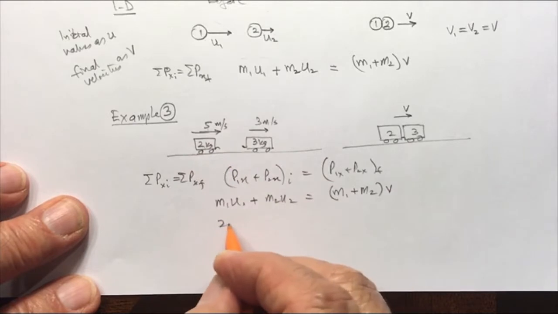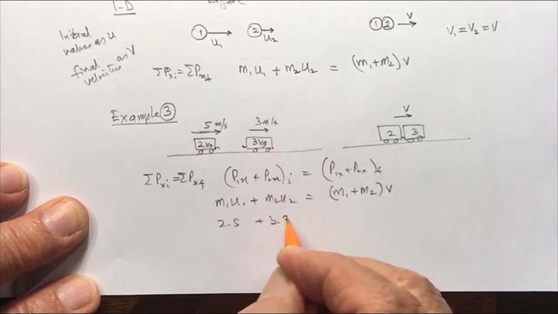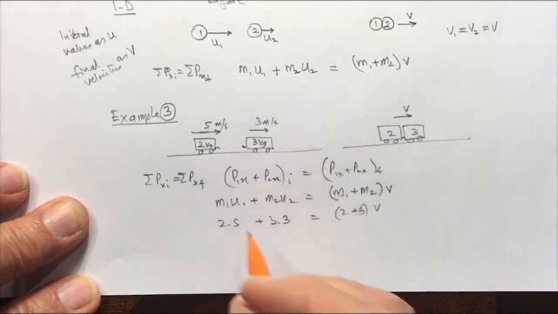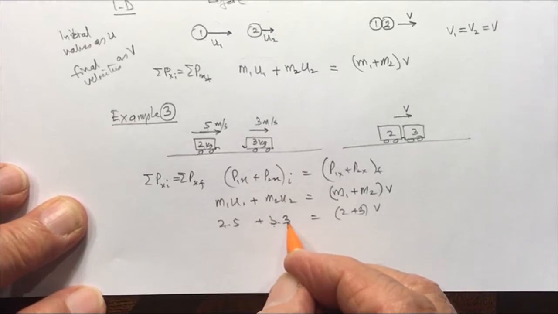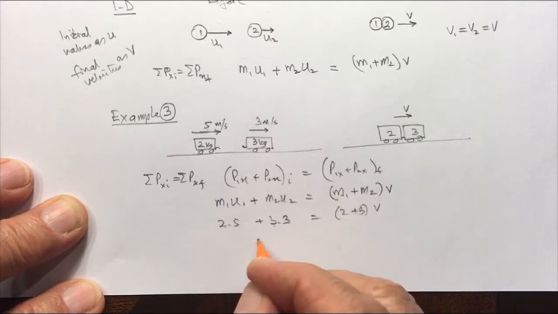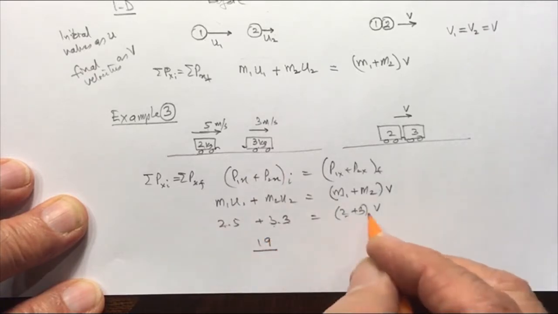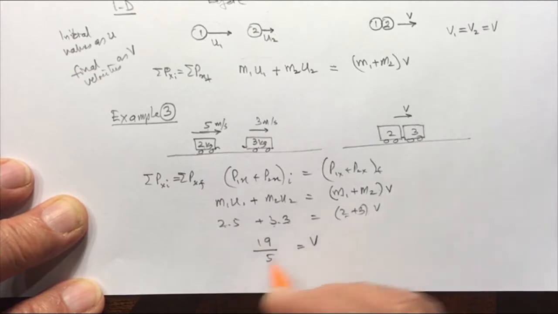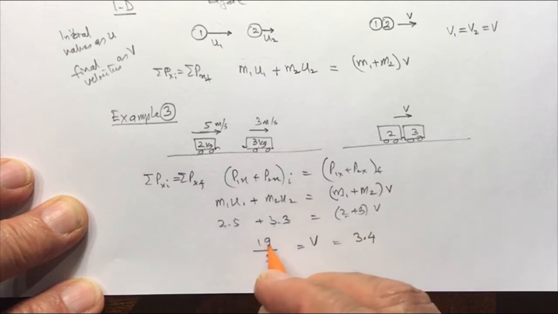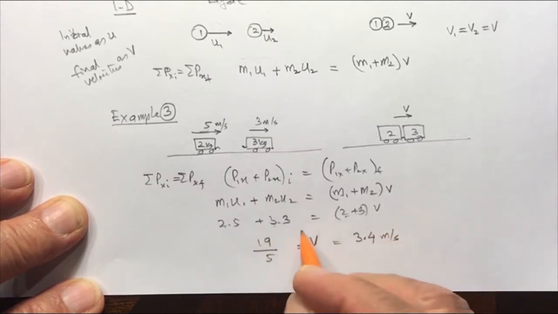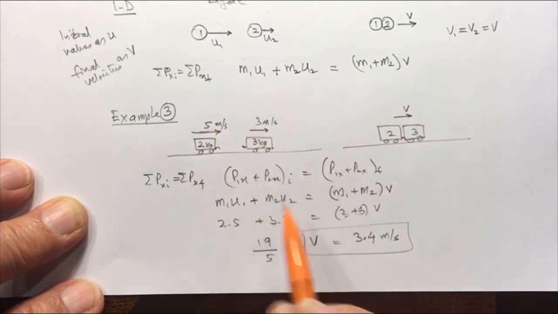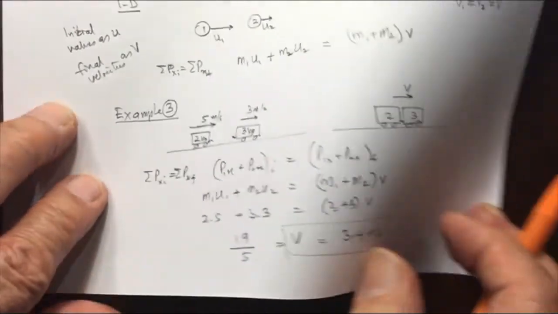So this is going to be 2 times 5, and 3 times 3, is (2 plus 3) v. That's 10 and 9. It's 19 divided by 5 is v. That's going to be 3.8 meters per second. So they're both going to go off with a speed that's smaller than this one and faster than this one, somewhere between the two.